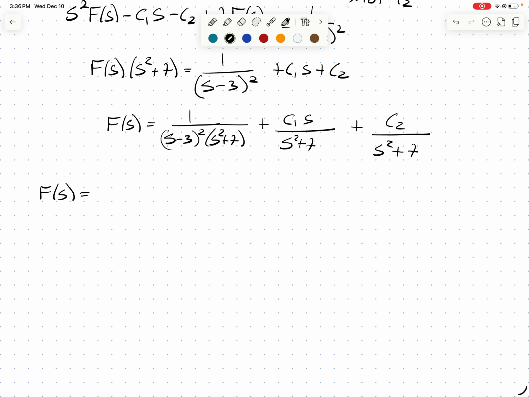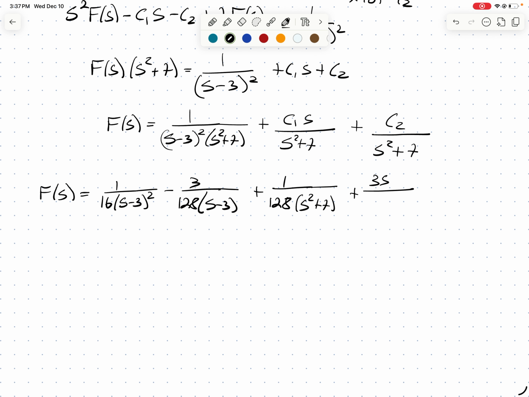Here's what it becomes. It becomes 1 over 16 (s minus 3) all squared, minus 3 over 128 times 1 over (s minus 3), plus 1 over 128 times 1 over (s squared plus 7), plus 3s over 128 (s squared plus 7).